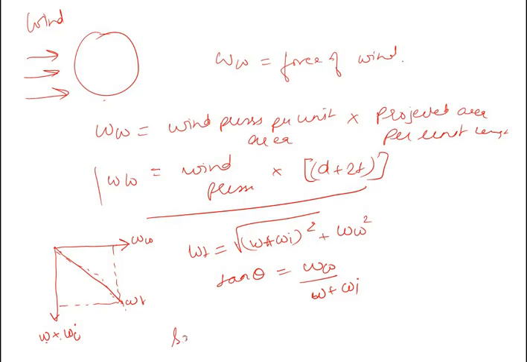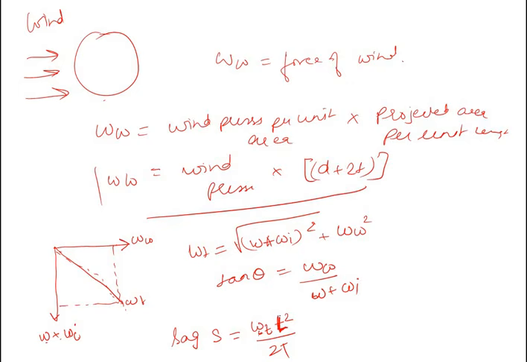Now the formula for sag from this resultant equation becomes Wt into L square upon 2t. This Wt is the resultant of wind and ice.